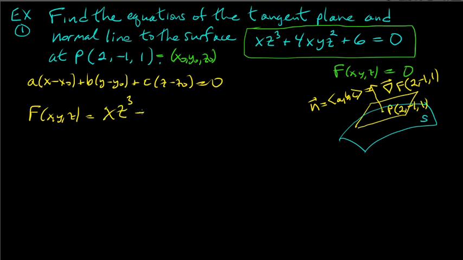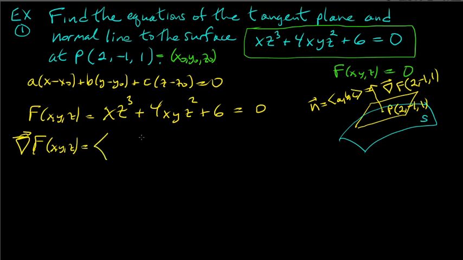I'm just copying down the equation of the surface again, and we know it equals 0. Now we just take the gradient. Remember, it's a vector at a given point. So what are the components? The components are just the partial derivatives. Take the partial derivative with respect to x.